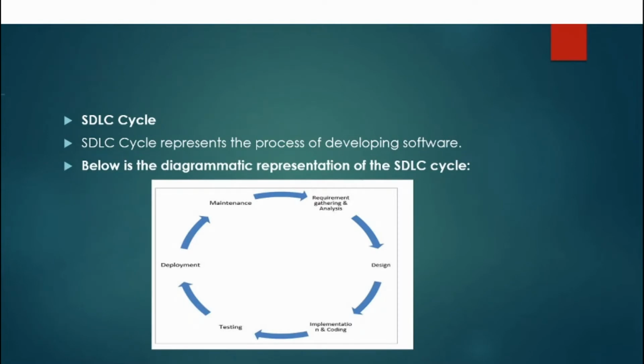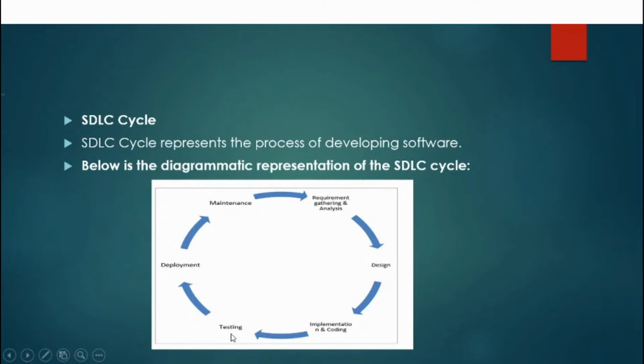Now here we can see the SDLC cycle. It starts with requirement gathering. Second is designing the software: how the software will look and what features we require. Third step is implementation and coding. Once the design is available, the next step is to code or implement the requirement.